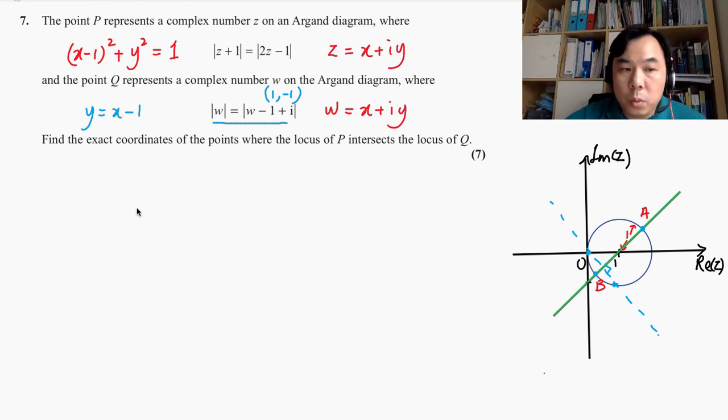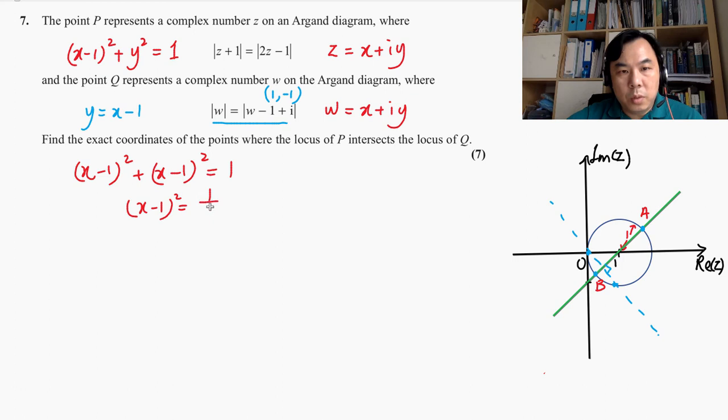So in this case, let me see, what do we have here? All we need to do is just substitute this one back into here. So we have (x minus 1) squared, and then that would also be (x minus 1) squared here equal to 1. And then you will notice that that will be x squared equal to 1 over 2. X minus 1 will be plus or minus.